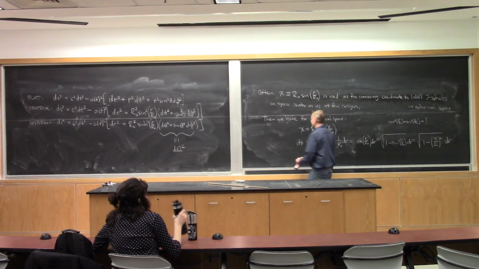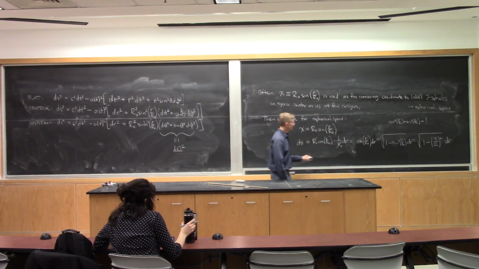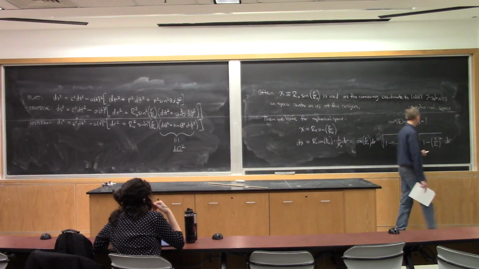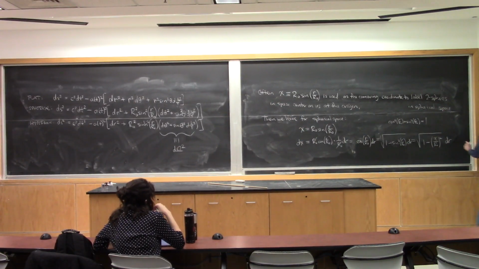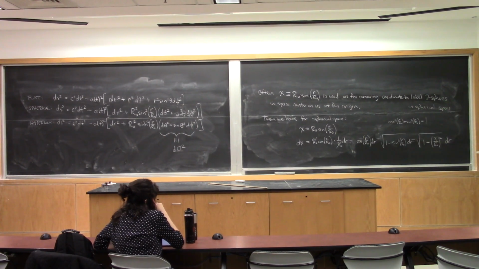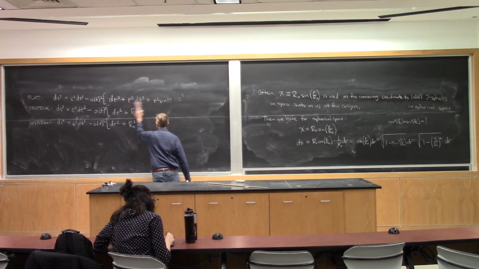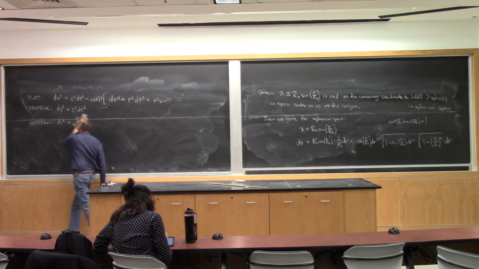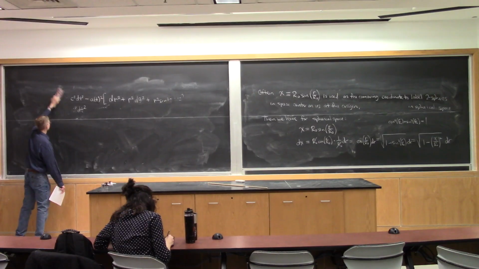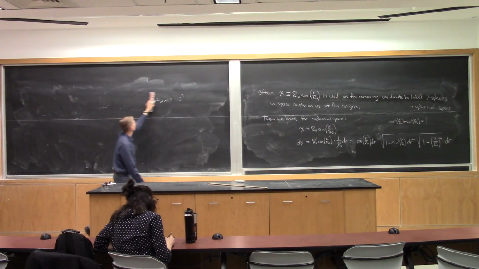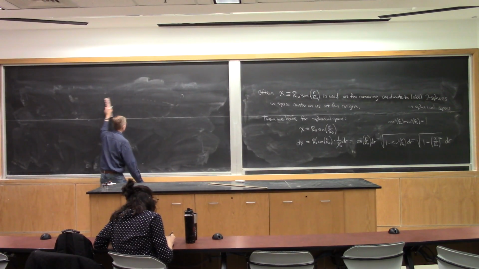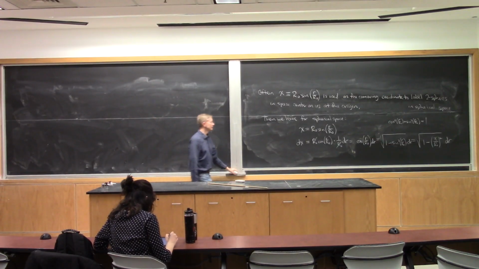So in spherical space, dx is the square root of 1 minus x over r naught squared times dr. Now I'm going to do the same thing for hyperbolic space, because what I'm going to want to do is write the metric where I have x everywhere instead of r.